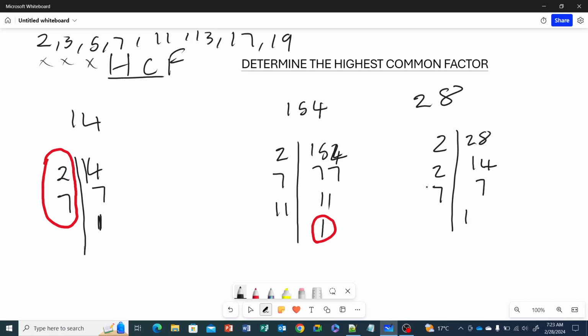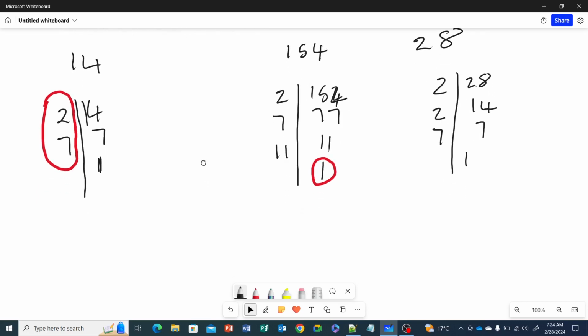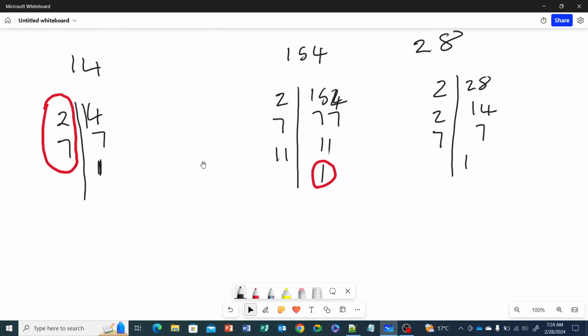Now the interesting part is here, guys. Looking at all these three numbers, we must look for the highest common factor. So as you can see, from 14 we have 2 and 7 as factors. From 154 we have 2, 7 and 11. But we are looking for the highest common. So these two are common. So here we are going to take, effectively we are taking like this.